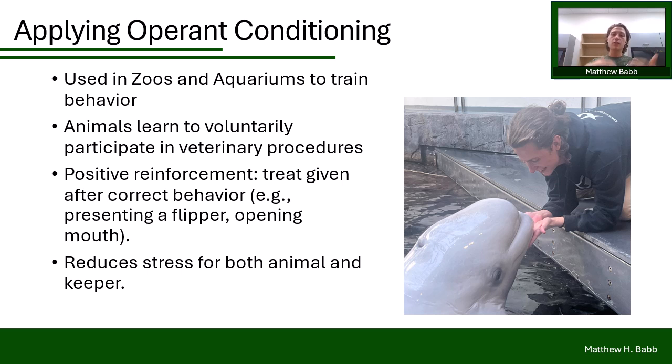And so they can slowly shape these behaviors over time so that the animal is less stressed around veterinary procedures and more willing to participate voluntarily, right? And this is really important when you're working with wild animals that are living in a zoo setting, right? Because you can't just hold them down and give them a shot, like you can a child. You need the animals to be able to approach and to willingly and voluntarily engage in these veterinary procedures. And operant conditioning is a way that zookeepers and aquarium trainers do that.